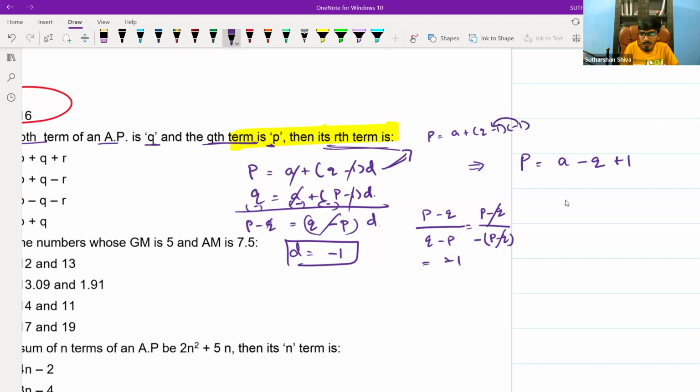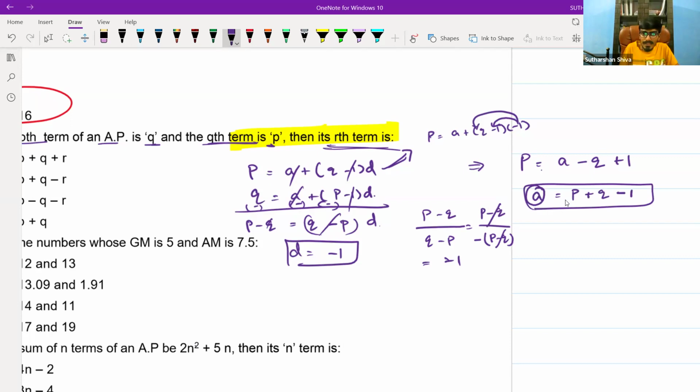Minus into minus will become minus. So P equals A minus Q plus 1 will be there. Then if I equate, A equal to P plus Q minus 1. What is the A value? P plus Q minus 1.